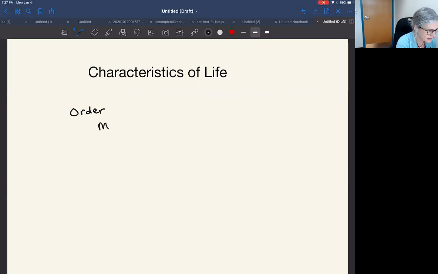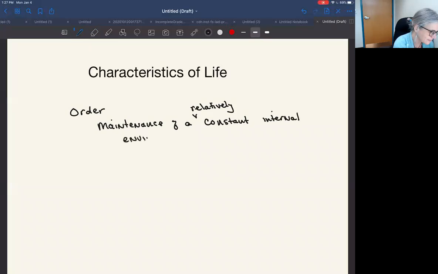So this would be the maintenance of a relatively, and we're going to talk a lot about that this quarter, a relatively constant internal environment.